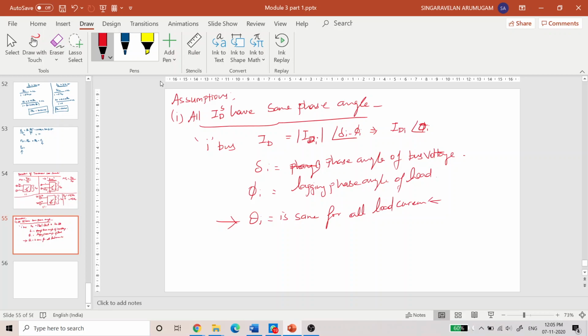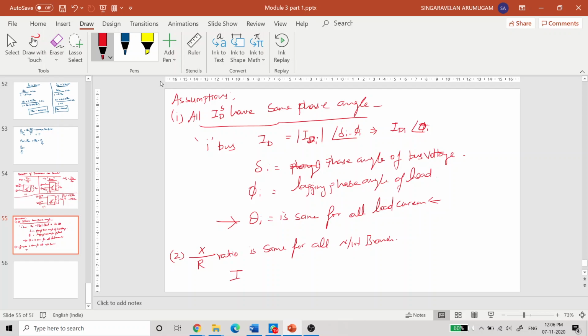The second assumption is that the X by R ratio is the same for all network branches. This leads us to conclude that IP1 and ID have the same phase angle, and IP2 and ID also have the same phase angle.